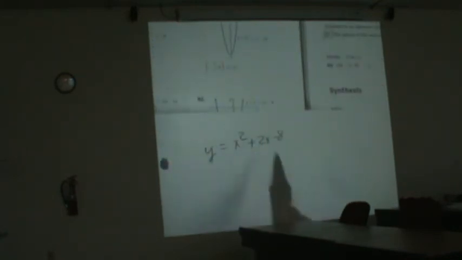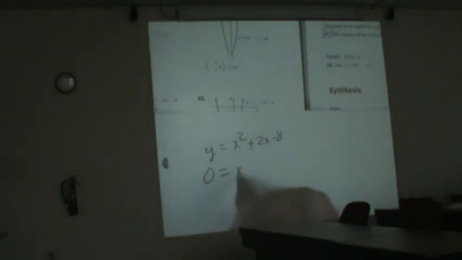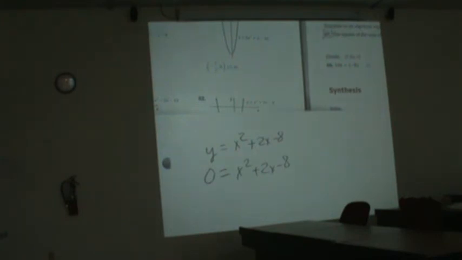What you do is you just say 0 equals, just like we've been doing. Just because this looks like a graph and it looks different, we're still doing the same thing. It's not different. You're just changing y to 0. And you're still factoring this part right here.